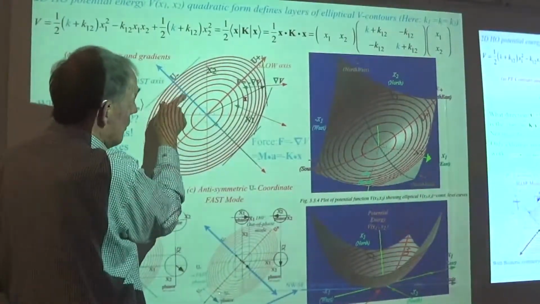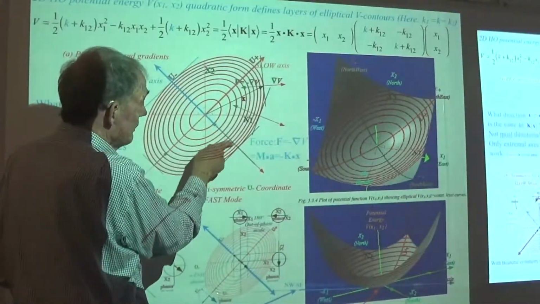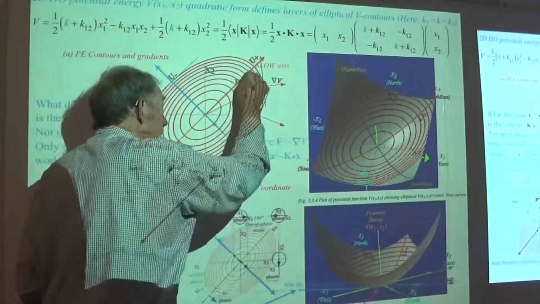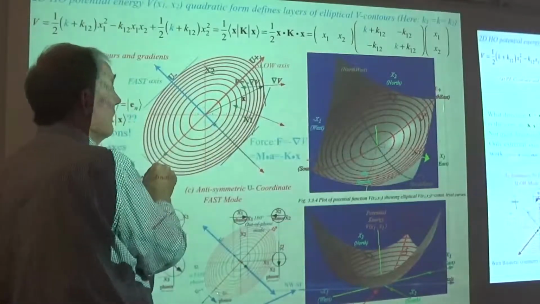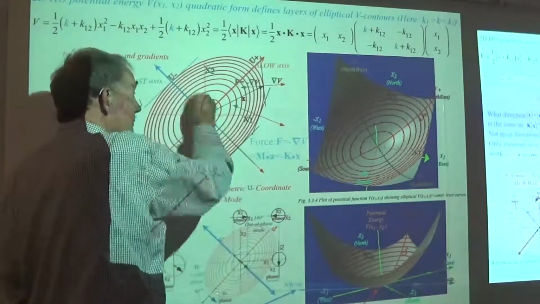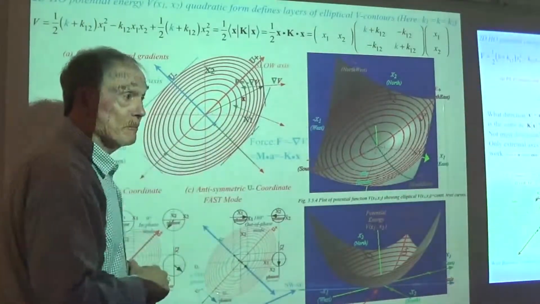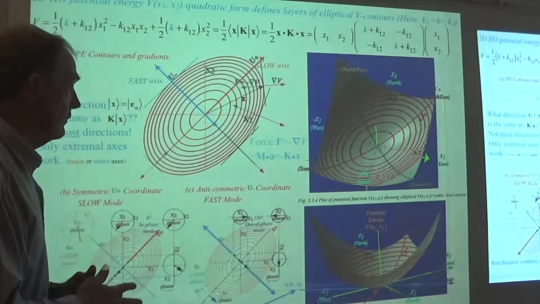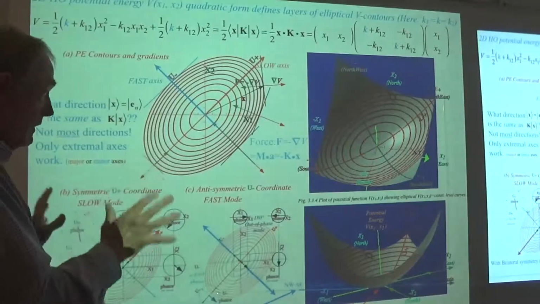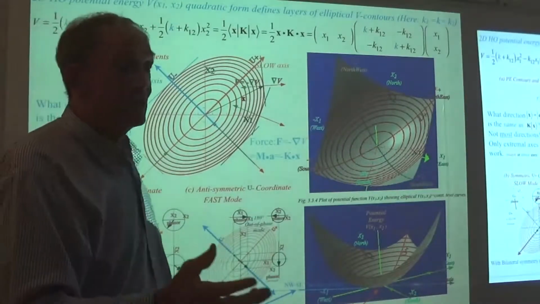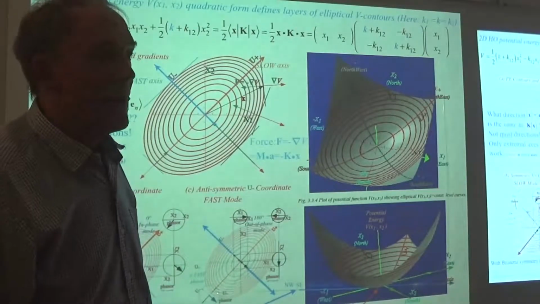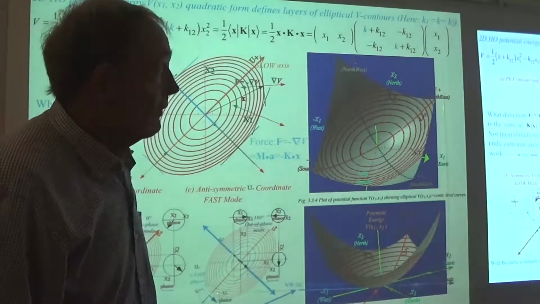Again, the gradient is always along the direction that you're moving, so you stay on that line. So one of these modes is a slow swing back and forth, and the other one is a fast motion back and forth. Slow mode, fast mode. So that's the end of the discussion of this thing qualitatively, but it's worth having that before you do the calculation, and you want the calculation to give that result.